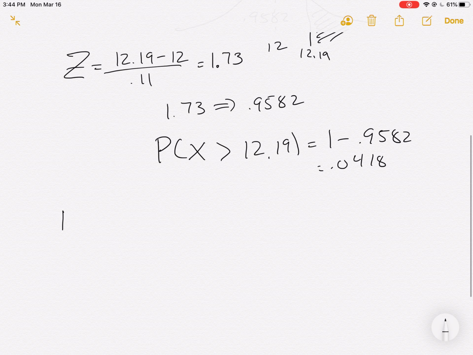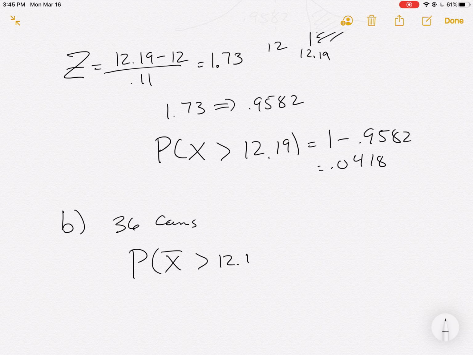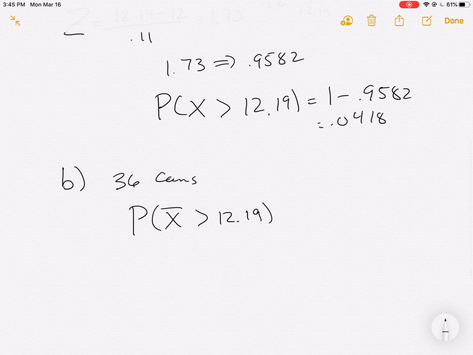Now, there's a B part. As I do this one, I'll show you a slightly different way to calculate that z-score. In B, they have 36 cans of Coke, and the question is to find the probability that the average volume in those 36 cans is at least 12.19. Very similar question, except we're now looking at the average of 36 Coke cans. So my picture will essentially look the same.